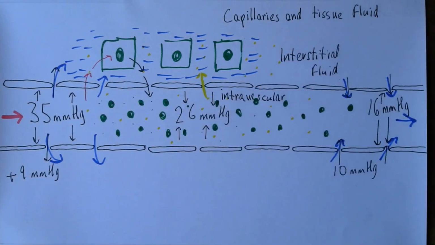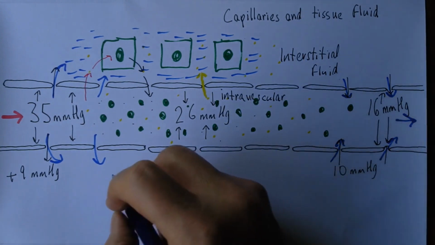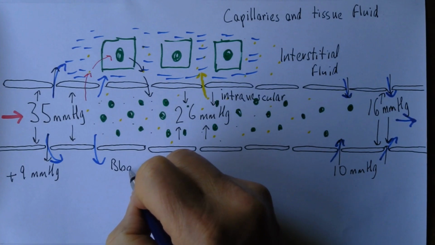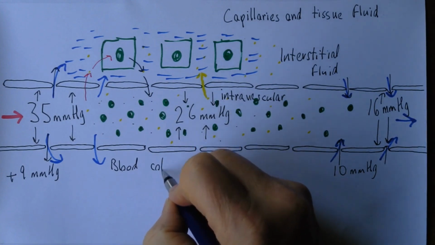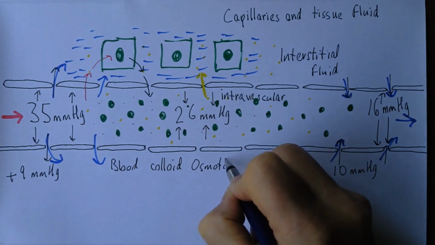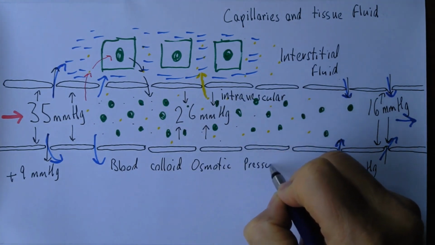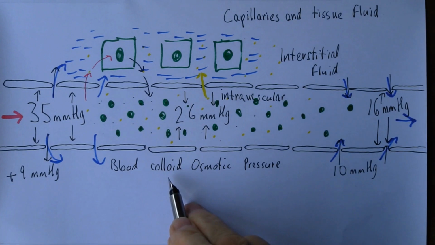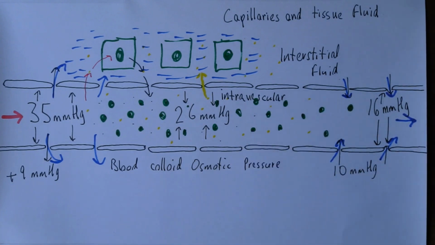So what we're actually talking about here is the blood colloid osmotic pressure. A colloid is a solution of water with big molecules in it, and the big molecules here are the plasma proteins.